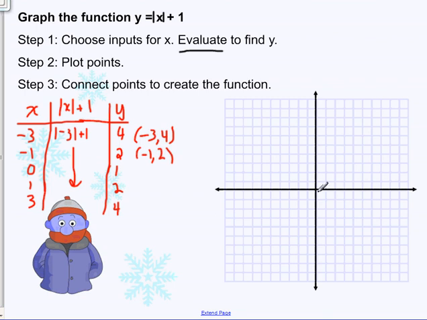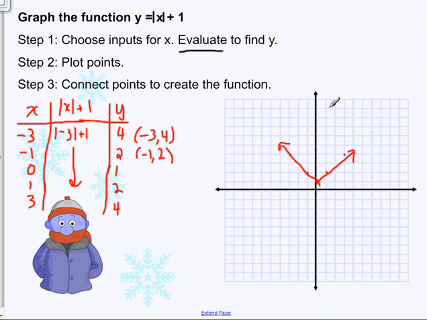So I'm going to go through and graph these: -3, 4; -1, 2; 0, 1; 1, 2; and 3, 4. Now I just plotted, which is my second step. The third step is to connect my points to create the function. Don't forget to add your arrows at the end of your function.